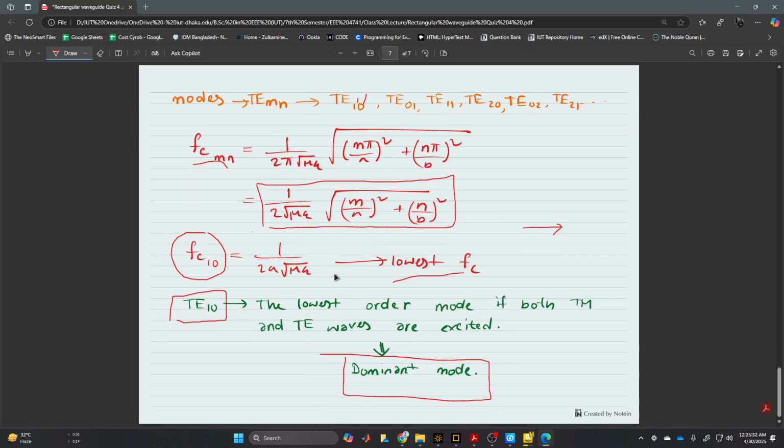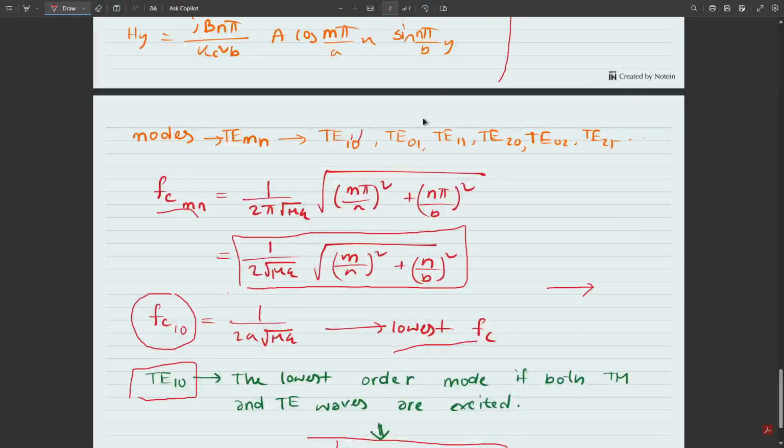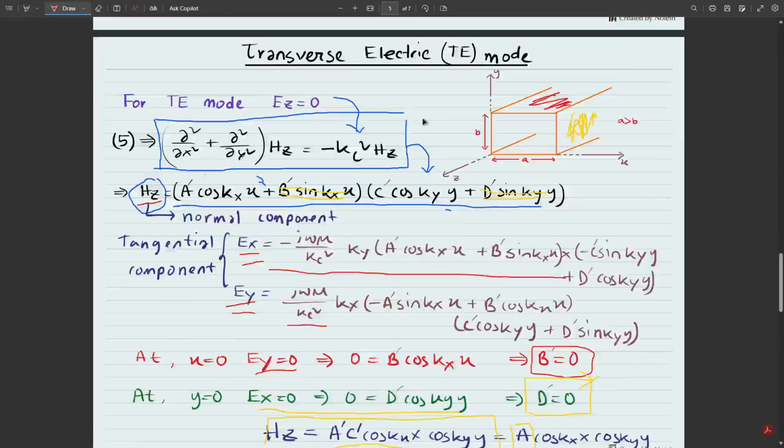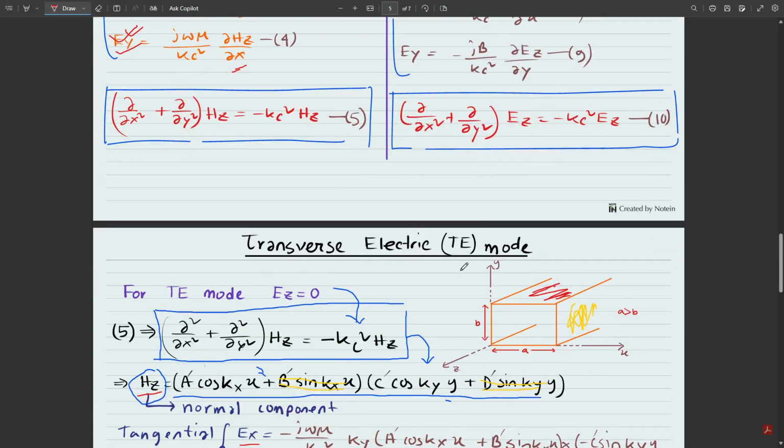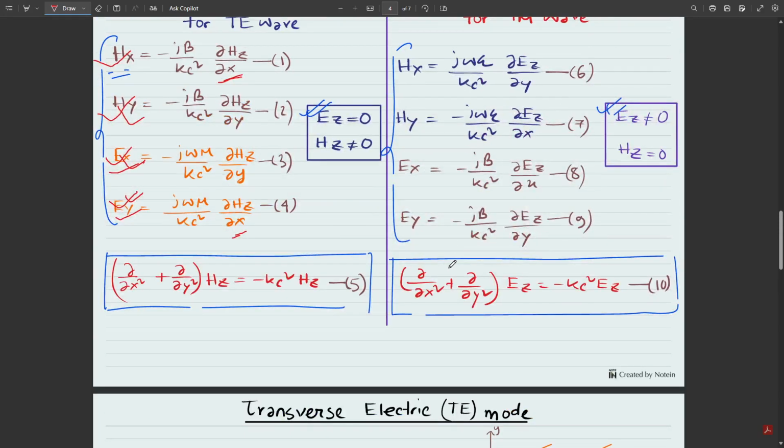Here, this was all about the rectangular waveguide. We have derived the TE mode. We can also do it for transverse magnetic. For transverse magnetic we'll be starting with this equation, and there it becomes a bit easy.